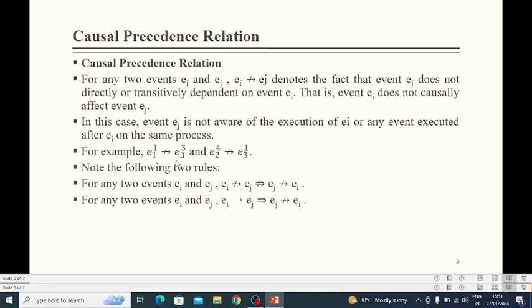Let's see the space-time diagram. Let's take the first example: E11 does not causally affect the event E33. E11 means the first event in the first process, and E33 means the third event in the third process. Let's check the diagram.